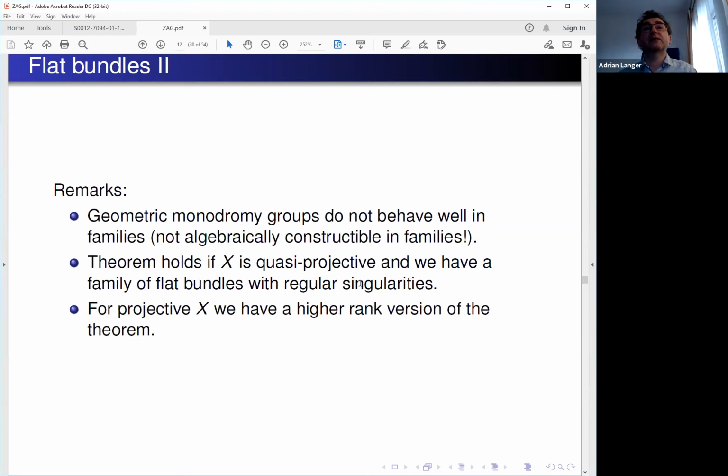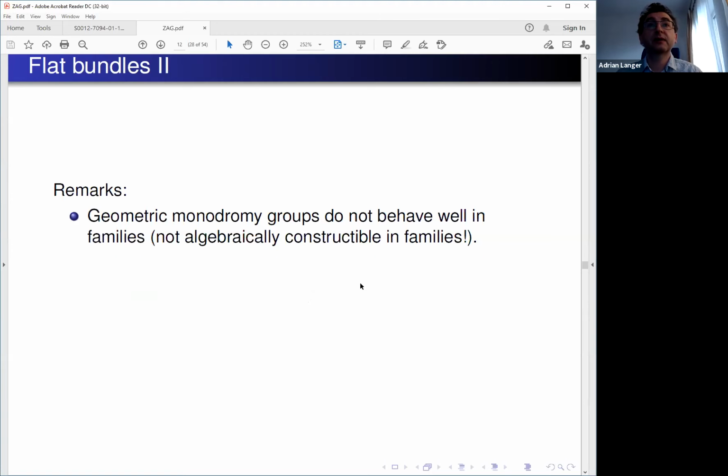And then if you have projective varieties, one can also prove a higher rank version of this theorem, except that this time we look at some Chern classes in, say, codimension r Chow group. So here a comment maybe is the following.